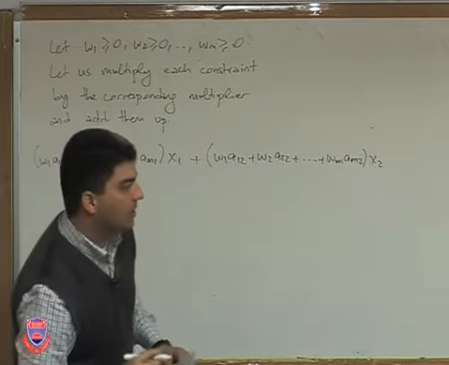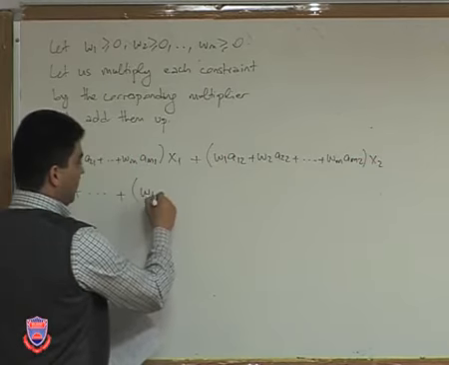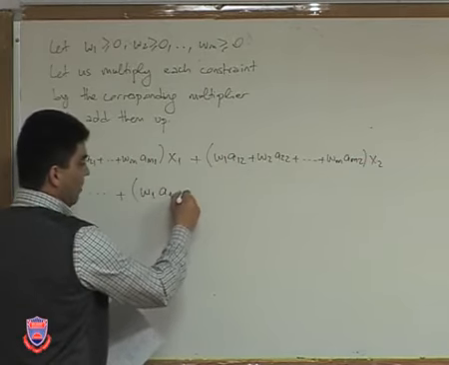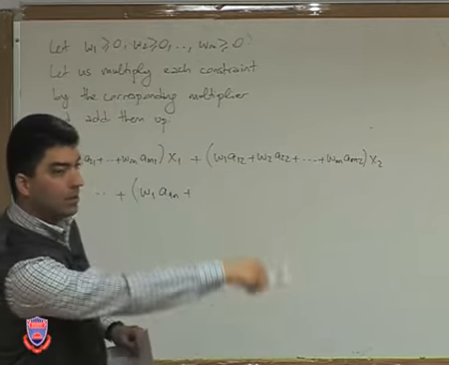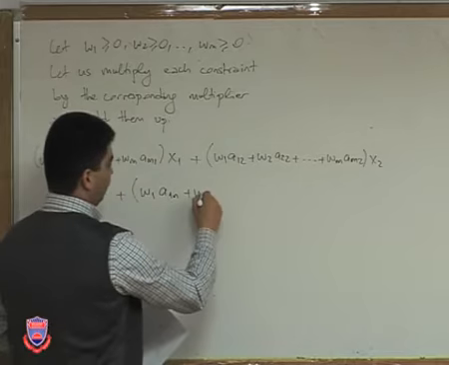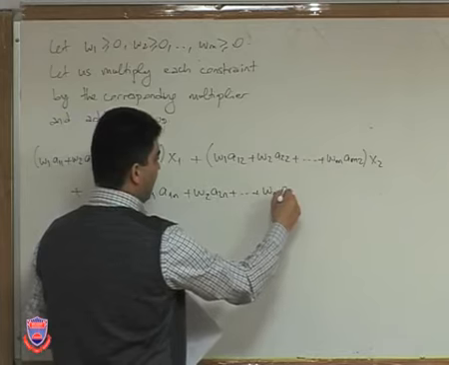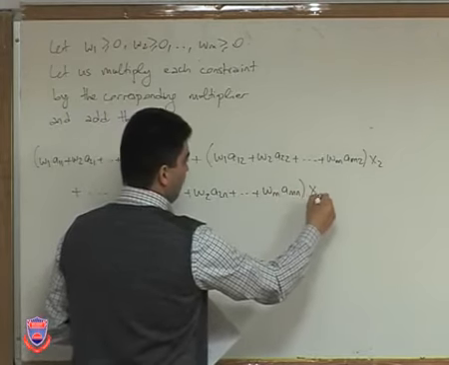Let's write down the coefficient of xn, the last variable. I'm going to have W1 times A1n, so now I'm just looking at the last column, W2 times A2n, all the way up to Wm times Amn, multiplied by xn.